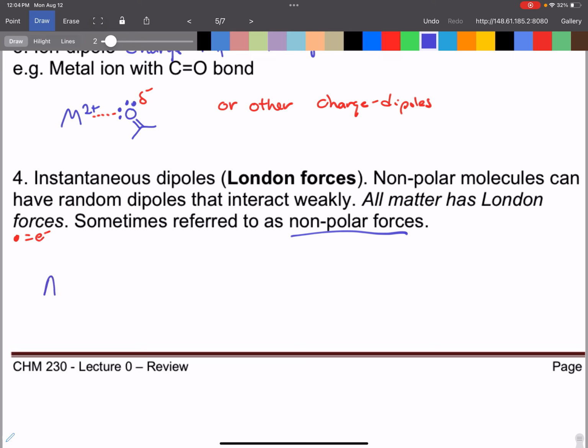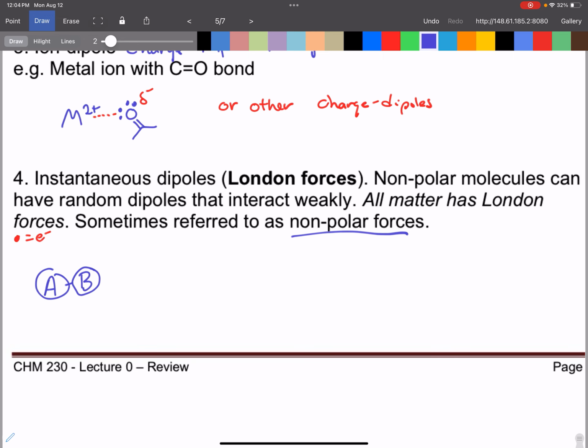And we're going to think about, say, atoms A and B that are connected into a molecule. And we're going to say that this is nonpolar, right? So the electronegativity of A and B is about equal. So this could be a carbon-carbon bond or a carbon-hydrogen bond, whatever.